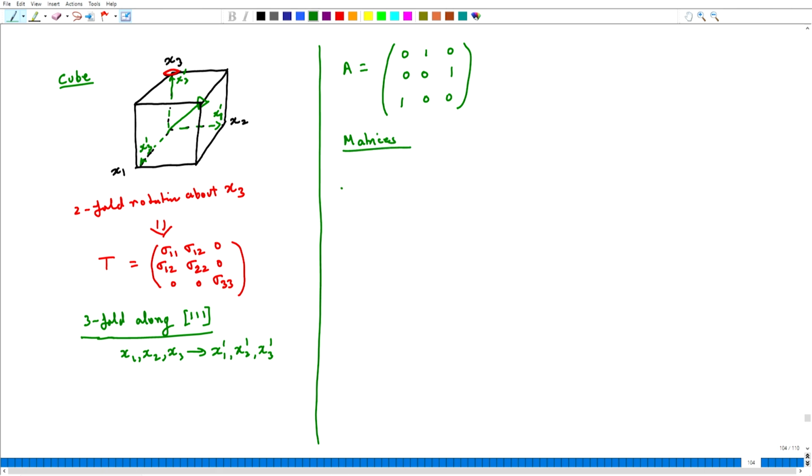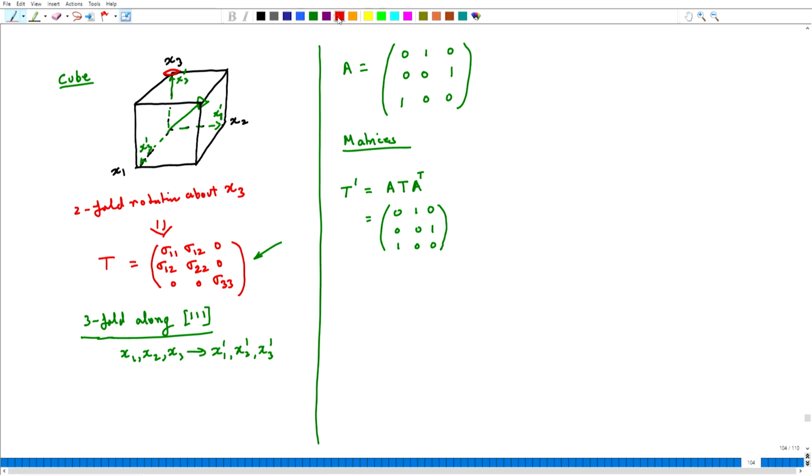So, the transform tensor T prime can be written as A multiplied by T times A transpose. This could be written as 0 1 0, 0 0 1 and 1 0 0. And let me now write this particular tensor, for which the two-fold rotation axis has transformed it to this particular tensor with certain off diagonal terms being 0.